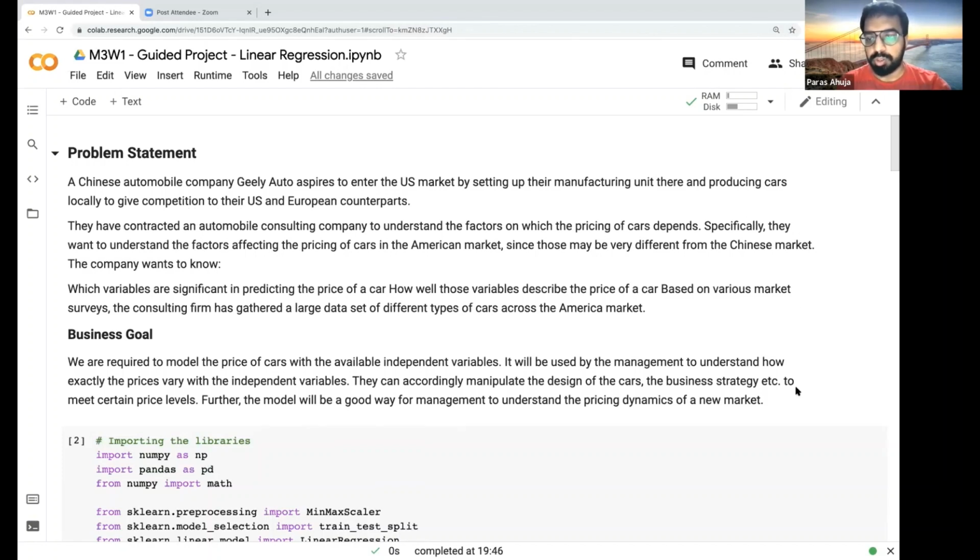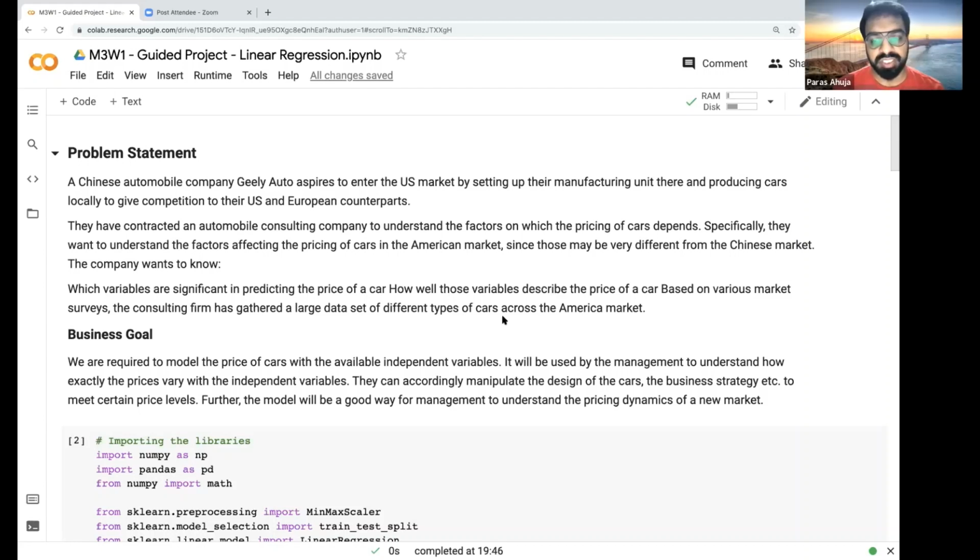I hope everyone has this problem statement, right? Is that the right assumption? Guys, do let me know over chat, or you can unmute yourself. Sorry, Paras, we don't have the access of this file right now. You can share the link with us in the chat so we can follow.